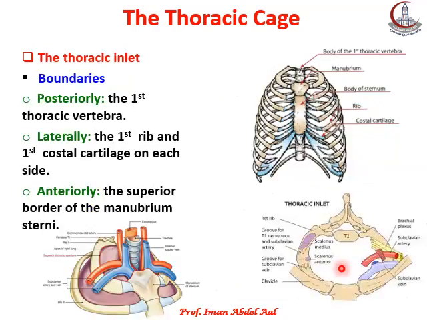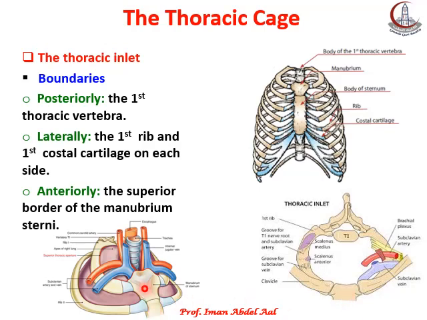Now, what are the boundaries of the thoracic inlet? This is the thoracic inlet, and as you see, it's inclining forwards and downwards. If you look here, you can see the first thoracic vertebra, T1.